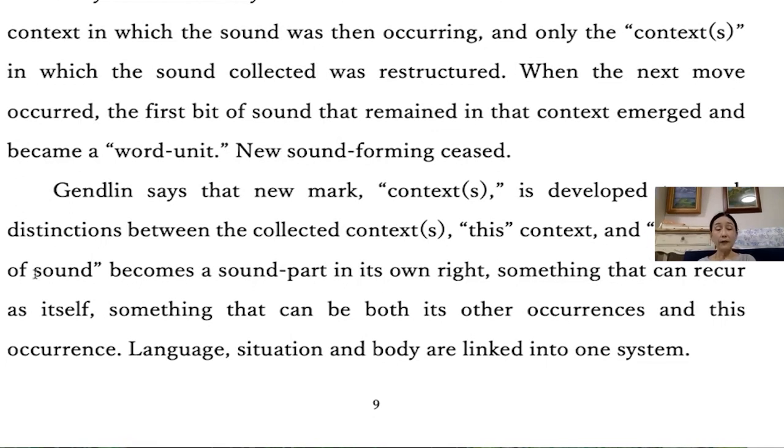A bit of sound becomes a sound part in its own right, something that can recur as itself, something that can be both its other occurrences and these occurrences. Language, situation, and body are linked into one system.